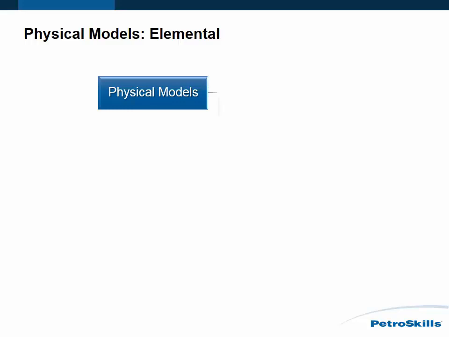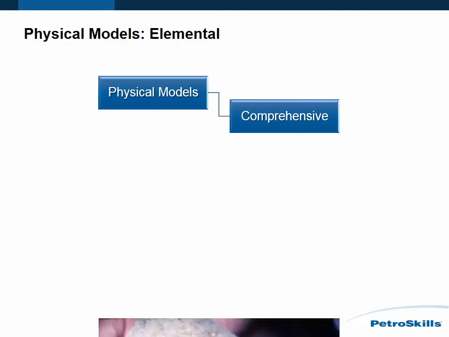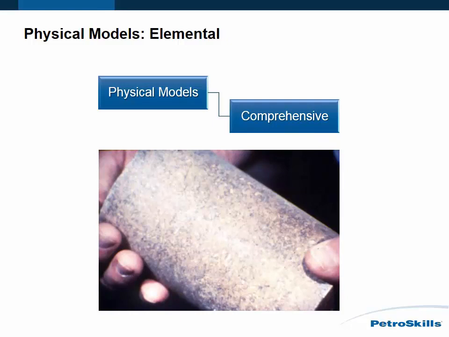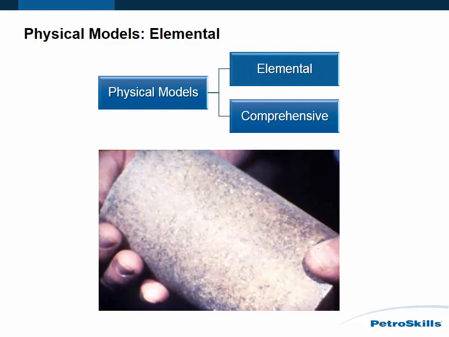This is an example of a comprehensive model, as we are trying to understand how all the components of the reservoir system interact with each other. We don't do this anymore, but we do take little pieces of the rock out of the reservoir and try to force fluids through them in the lab. This is an example of an elemental model, in that we are only trying to understand how one component of the reservoir system, maybe relative permeability for example, works.